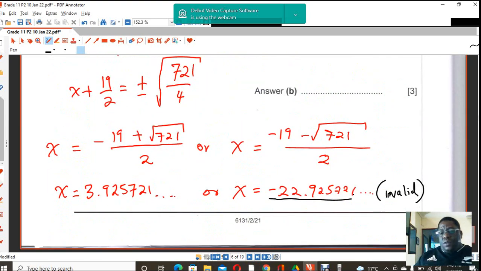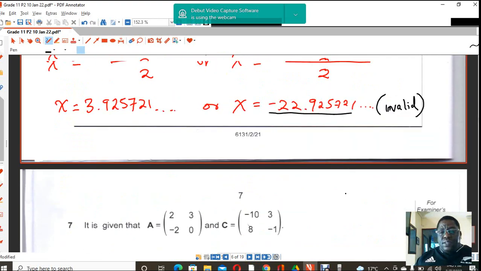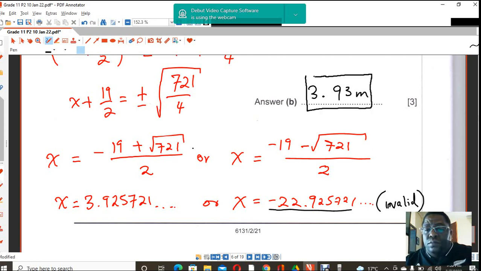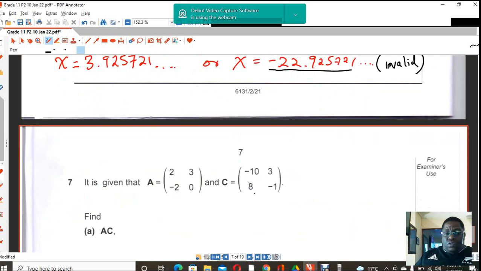So what is our final answer then? Since we are supposed to give our answers correct to 3 significant figures, our answer is 3.93 meters. Good, let's continue.